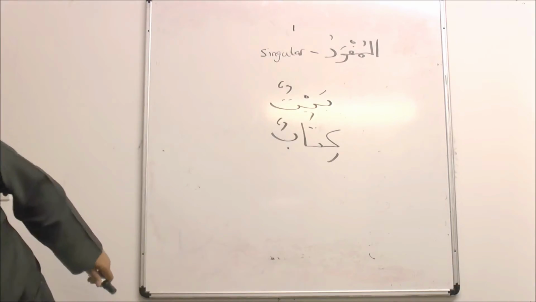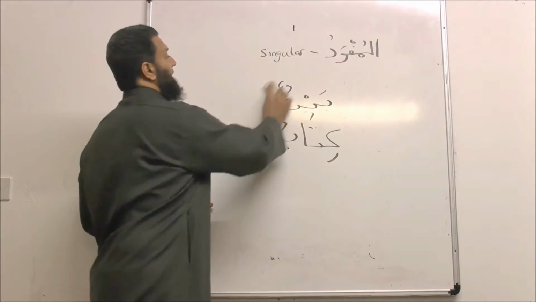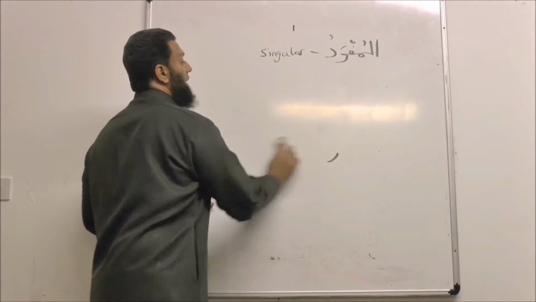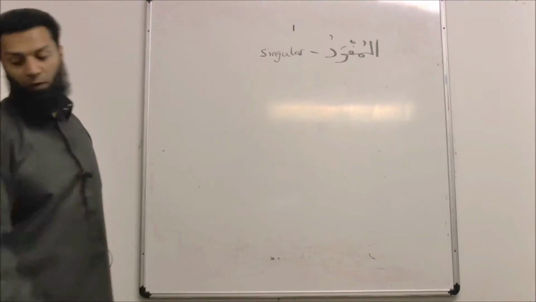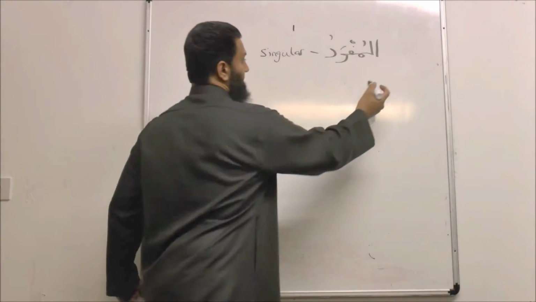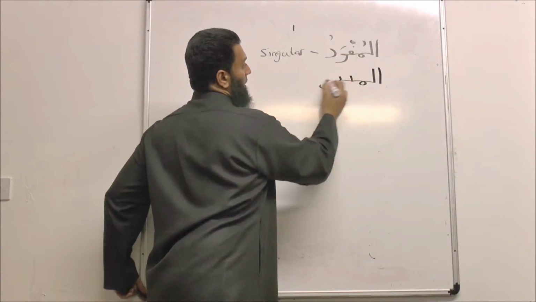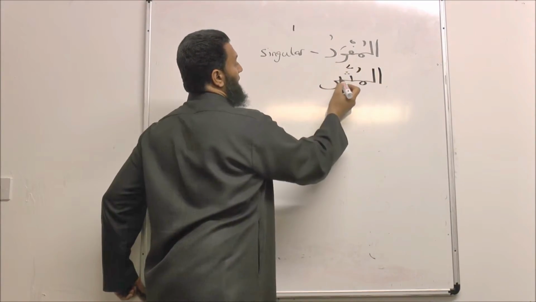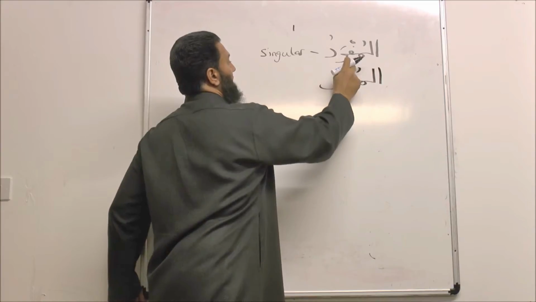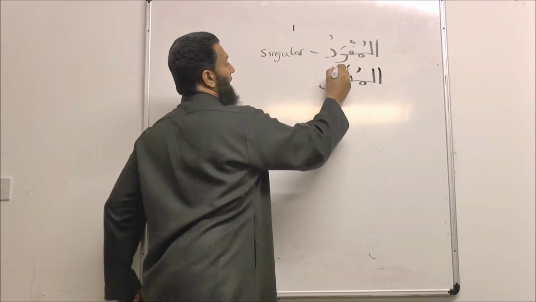So, after singular, we have the next type of number in relation to an ismun, which is al-muthanna. See, the shadd is on the noon.